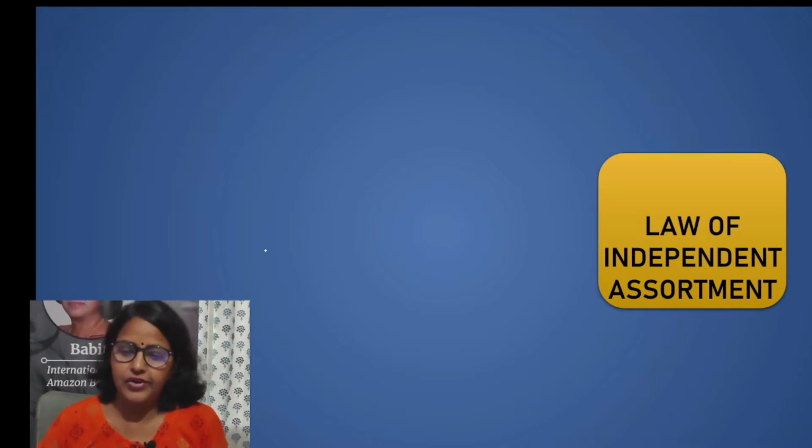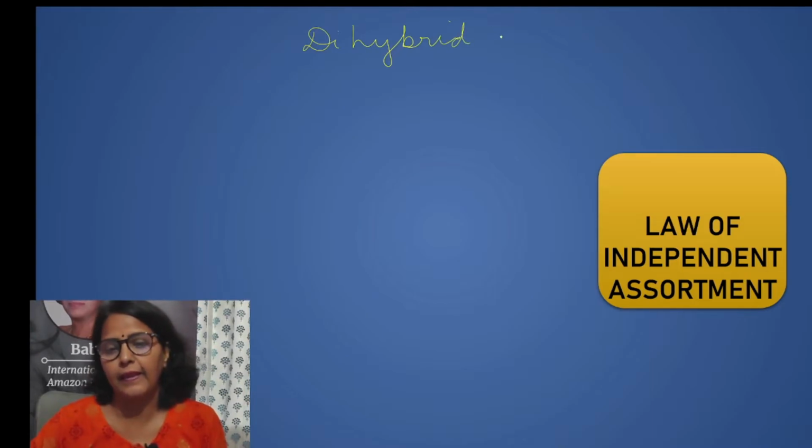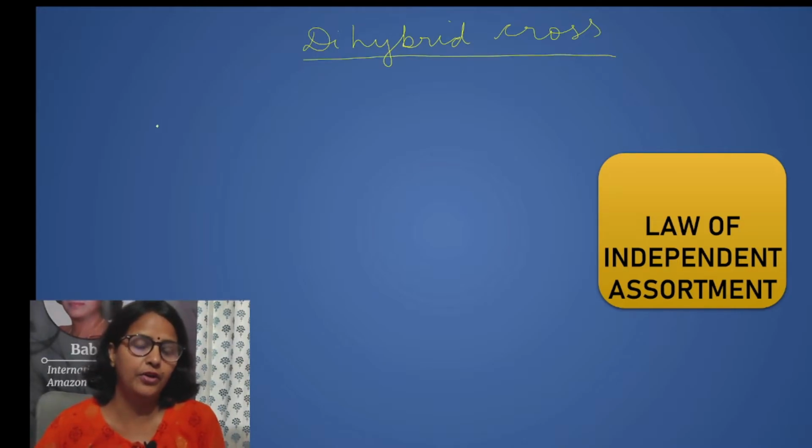Law of independent assortment. This law can be proved by a dihybrid cross. Now, what do we mean by dihybrid cross? That means we are considering two different characters.